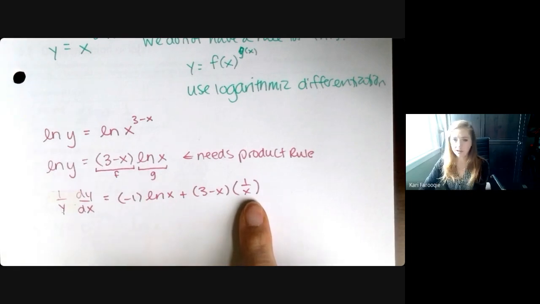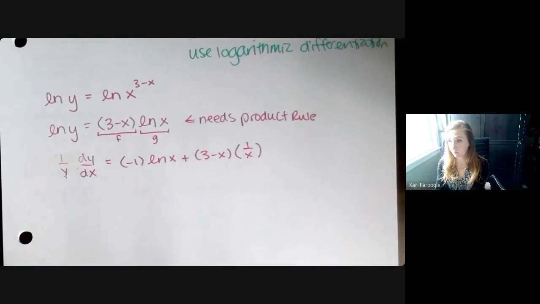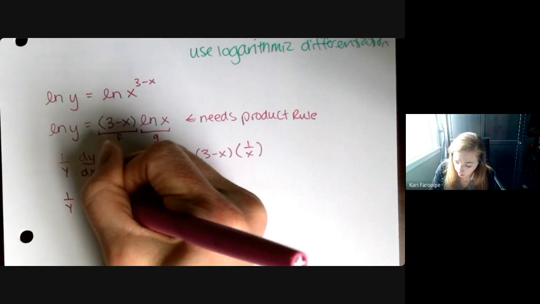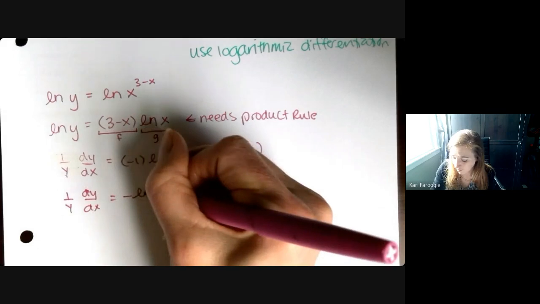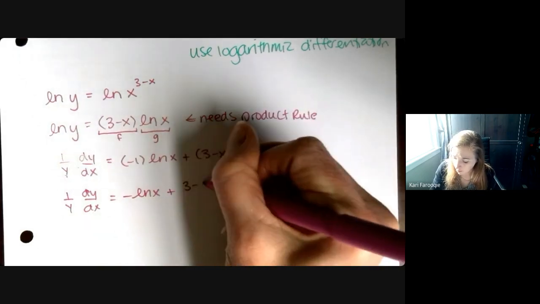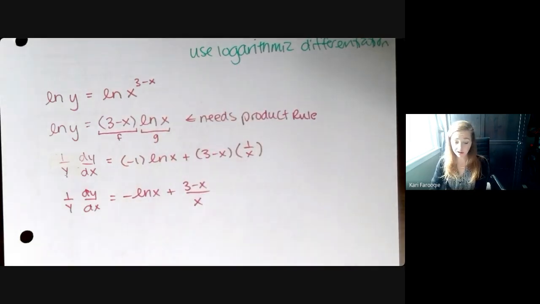I know I keep repeating it, but it's because students keep feeling like, wait, my natural log is gone, I did something wrong. That's not the case. Okay, there's, again, not a ton that you can even do with this expression. We can simplify it a little bit, and then we'll just multiply both sides by y. So I'm just going to rewrite the left for now. On the right, there's not a ton we can do. Plus 3 minus x over x. Multiply both sides by y.